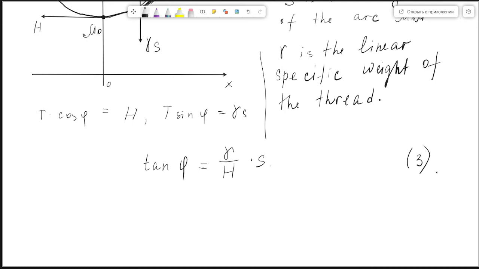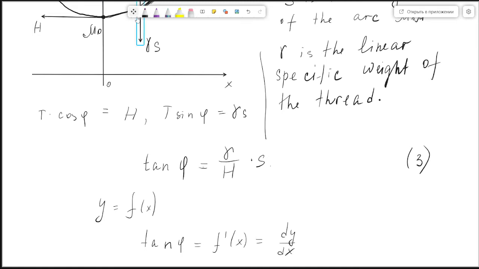Now suppose that the equation of the sought-for curve may be written in the form y is f of x, where f of x is an unknown function that has to be found. It will be noted that tangent of phi is f prime of x or dy over dx.